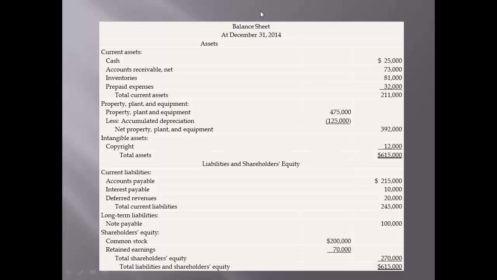Now, the balance sheet or the statement of financial position provides useful information for assessing future cash flows, liquidity, and long-term solvency. Note that the balance sheet depicts the accounting equation, which is assets equals liabilities and shareholders' equity.